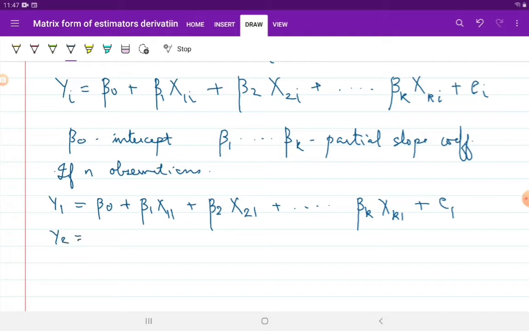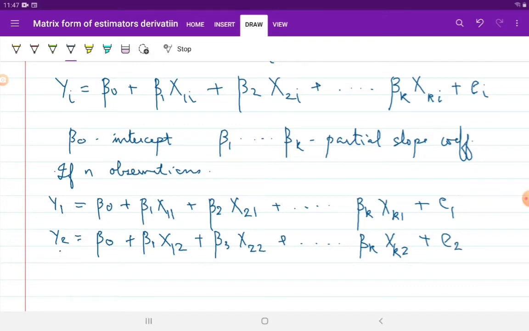Similarly, y2 can be written as beta naught plus beta 1 times the second observation of x1 plus beta 2 times the second observation of x2, and so on, beta k times the second observation of xk plus e2. And so on.